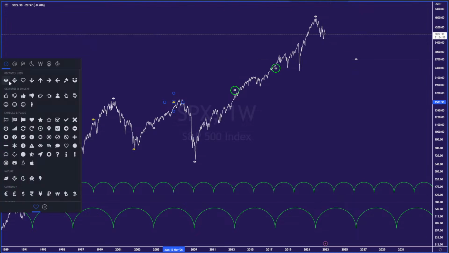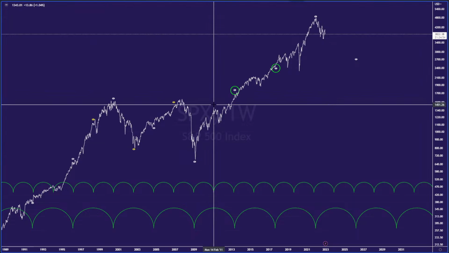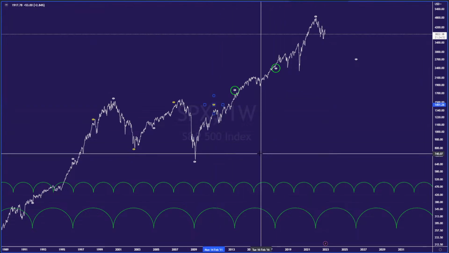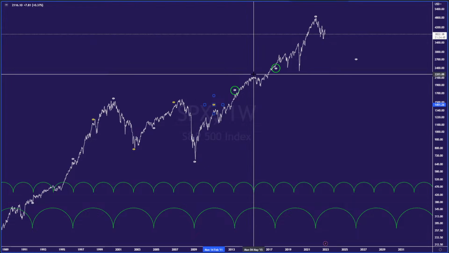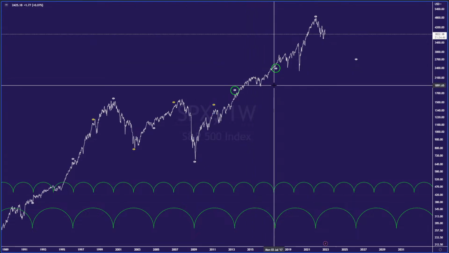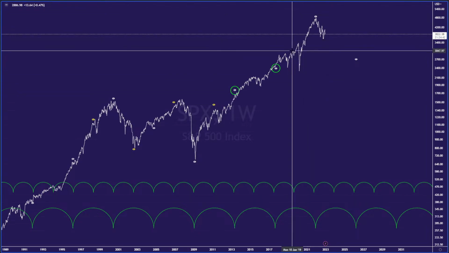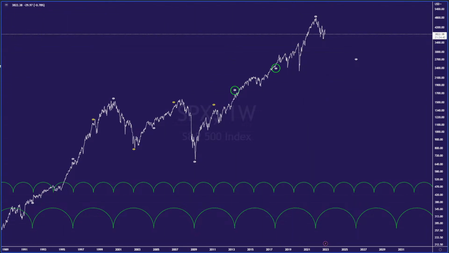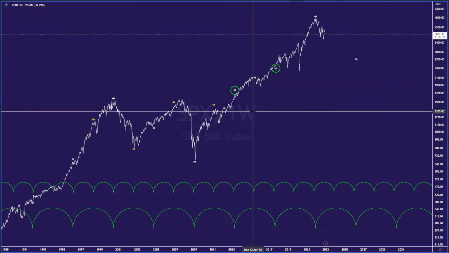Over and over, the full cycle and half cycles that go along with this are very interesting to me. Again, here's another exact top right there. We move forward and find another right here where we had just a little bit of a pullback, nothing super significant with that one.